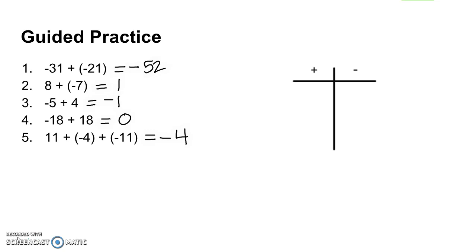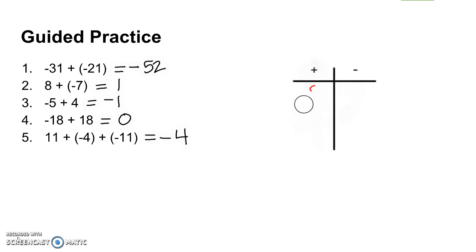Number 1, we would have negative 31 and negative 21. They're in the same column, so you add and get negative 52. For the second one, 8 plus negative 7. We bring over the smaller number and we subtract, positive 1.